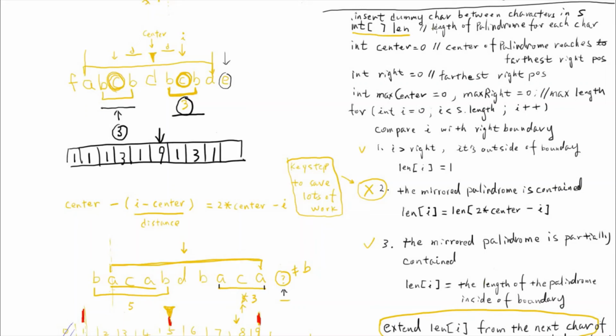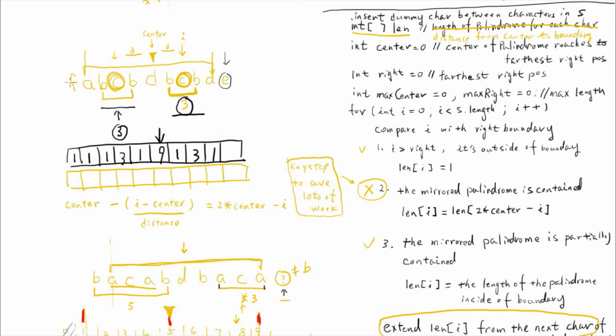So we change the meaning of this integer array to distance from center to boundary for each character. So with this change, when we keep track of the distance, the numbers will be like this.